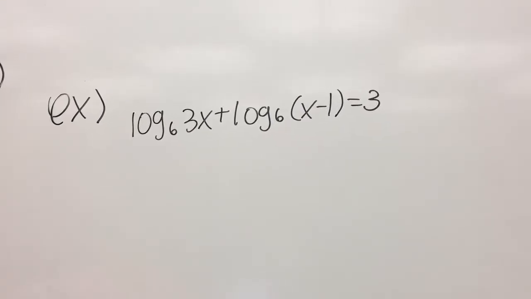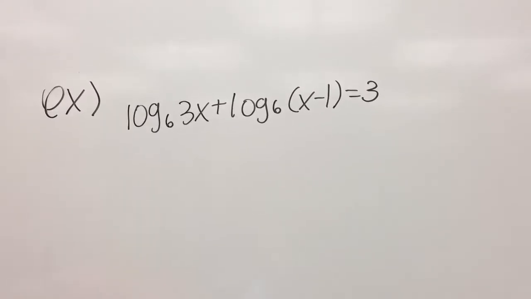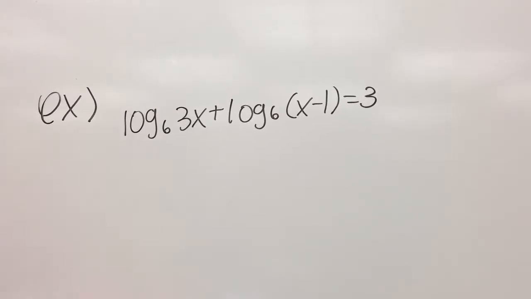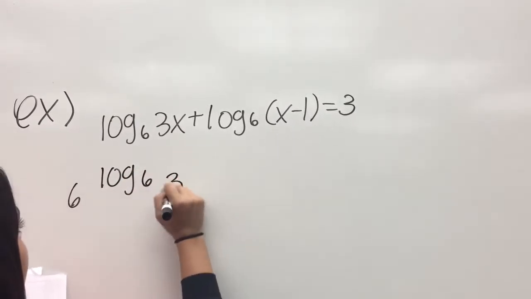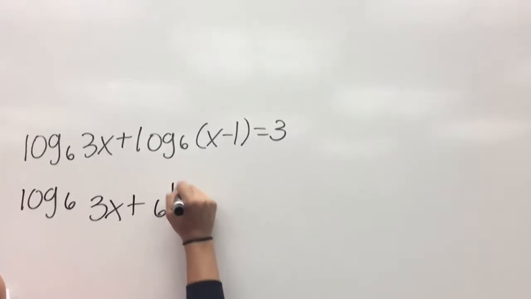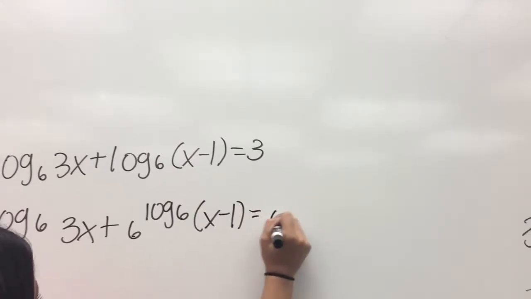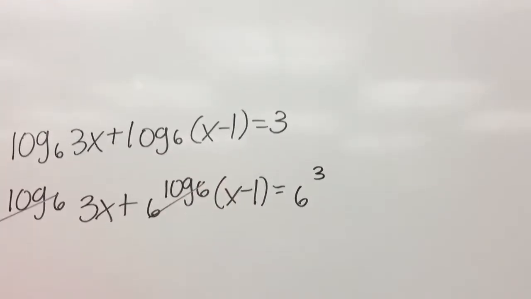So this equation states log base 6 of 3x plus log base 6 of x minus 1 equals 3. What you're going to try to do is make each side of the equation an exponent using an appropriate base. So you're going to get base 6, log base 6 of 3x plus log base 6 of x minus 1 equals 6 cubed. So these cancel out and these cancel out.